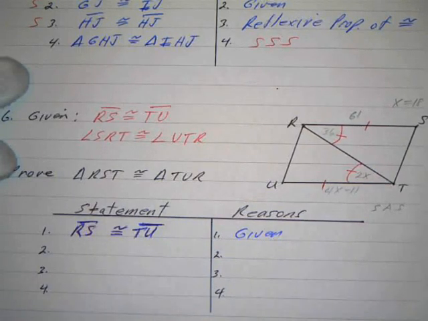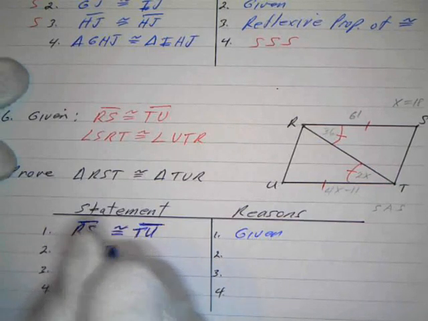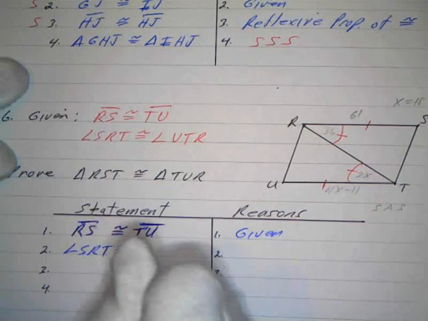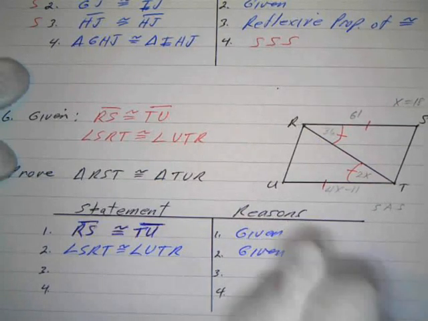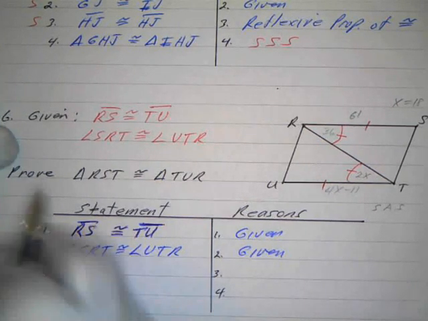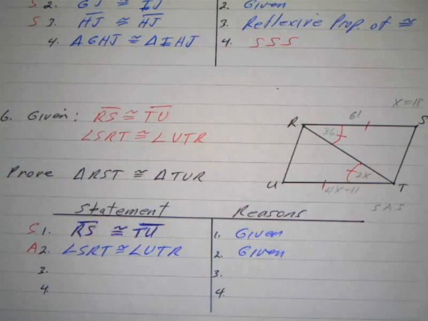And that's given. And then you also have that angle SRT is congruent to angle UTR. That's also given. And if I kind of list what I've got, a side here, so I'll put a little S there for a side, and I've got an angle. So it looks like I got side, angle, and what do I need? I need one more side.